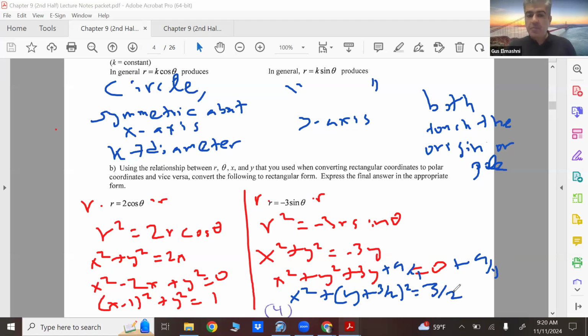So that's how you can figure out what the center is, what the radius is. So it's not that hard. It's 9/4, my apologies. The radius is 3/2, of course. So again, there are just patterns we're seeing. But multiply by r and r, that's the best approach when you convert the polar equation to rectangular form.